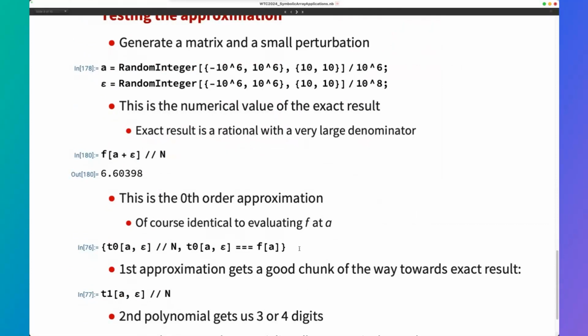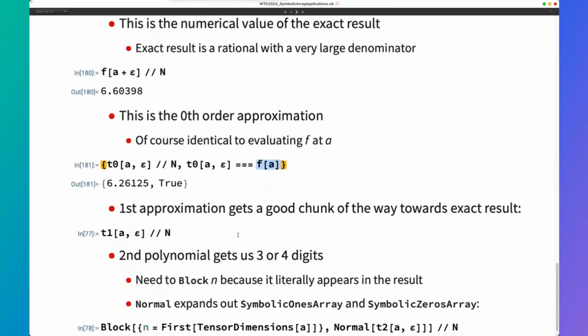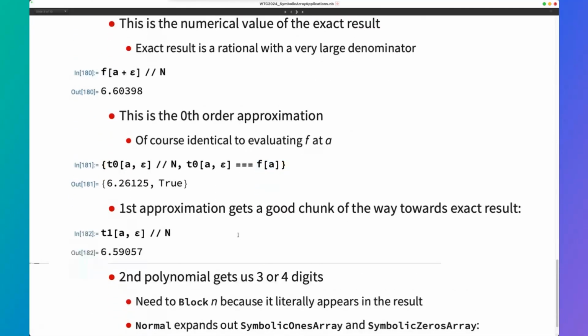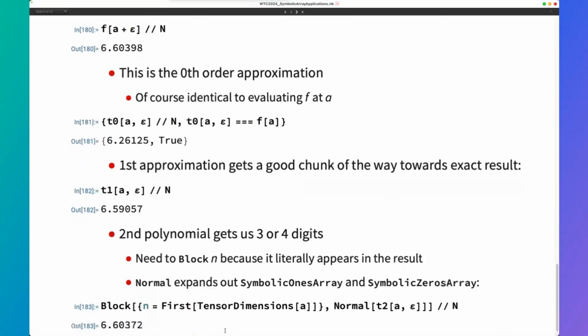The 0th order approximation is not too bad. Of course, it's just equal to the function at a. First order approximation gets us quite a bit of the way towards where we want to be. And the second order approximation gets us 3 or 4 digits. In this case, we get 60637 as compared to 66039. So yeah, we got 4 digits out of this.